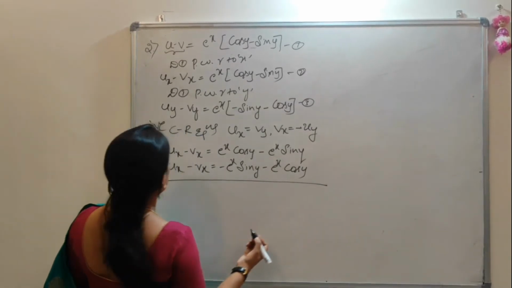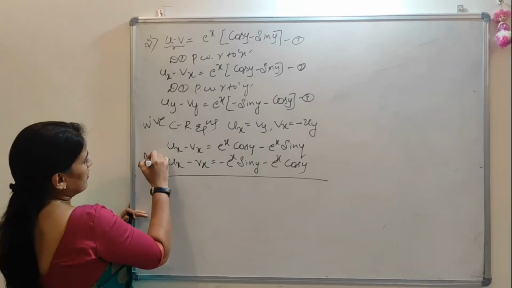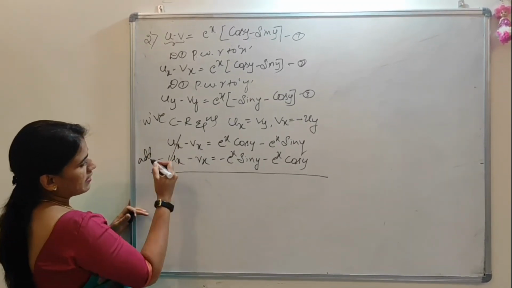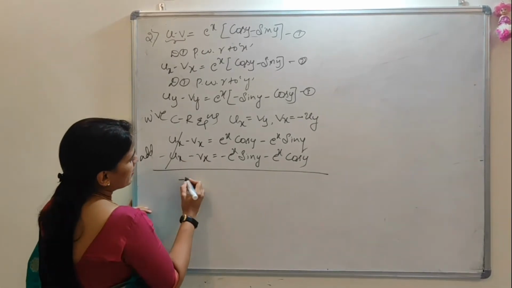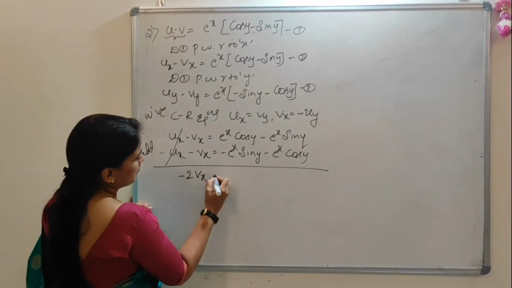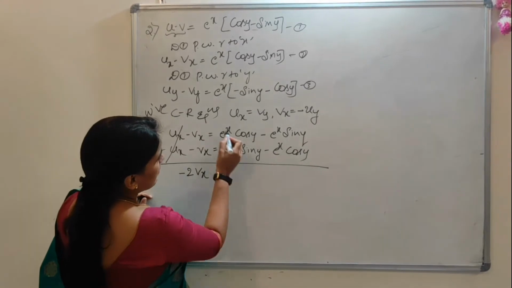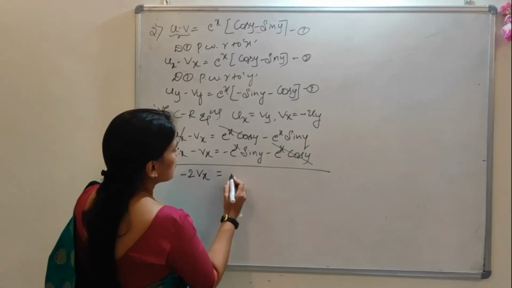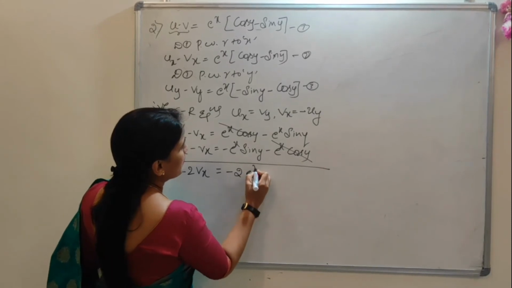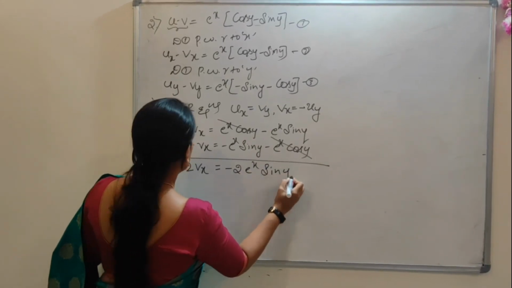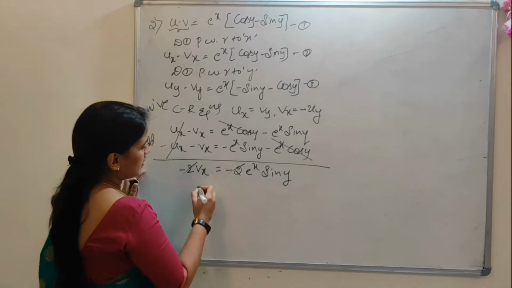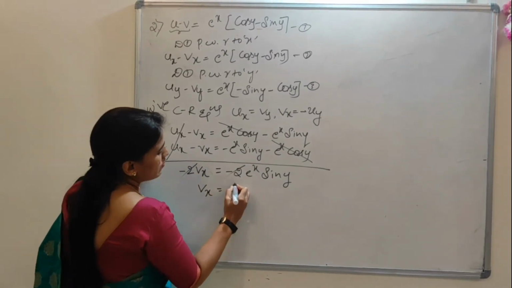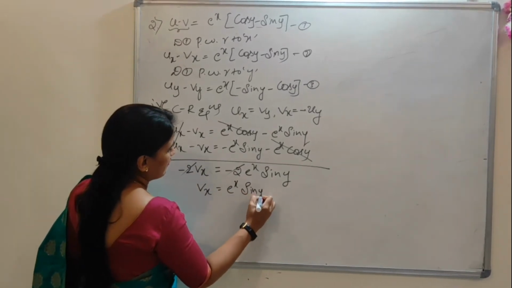So by adding, plus ux minus ux get cancelled, minus vx minus vx gives minus 2 times vx, is equal to, here e power x cos y minus e power x cos y get cancelled. So minus 2 times e power x into sin y. So minus 2 gets cancelled. vx is equal to e power x into sin y.